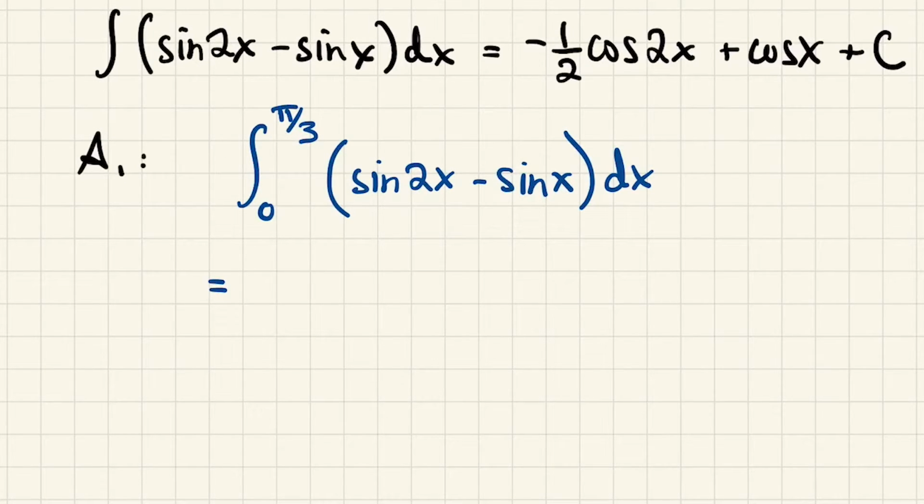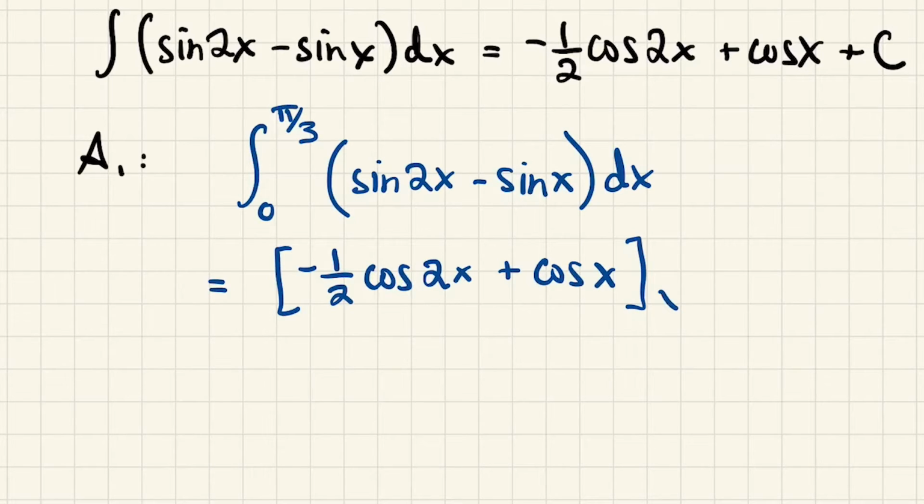So we know that that's just negative 1/2 cosine of 2x plus cosine of x with the bounds 0 to pi over 3.